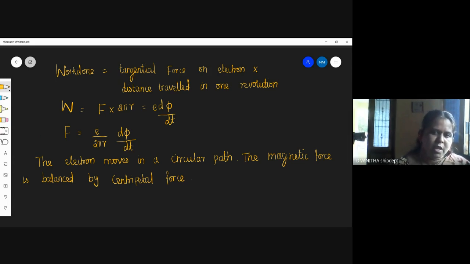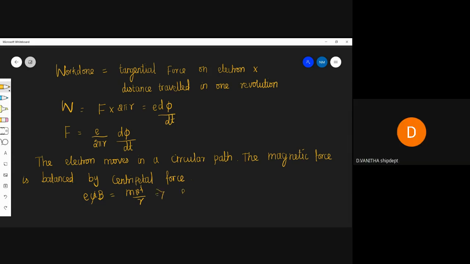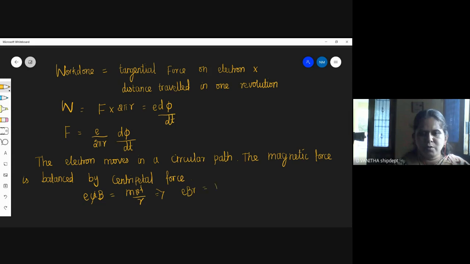So here the magnetic force is eBv. It is balanced by the centripetal force mv squared by r. So from this, this v and this v will cancel out, so B will come here. This can be written as eBR is equal to mv. Here mv is equal to momentum p. P is equal to eBR.